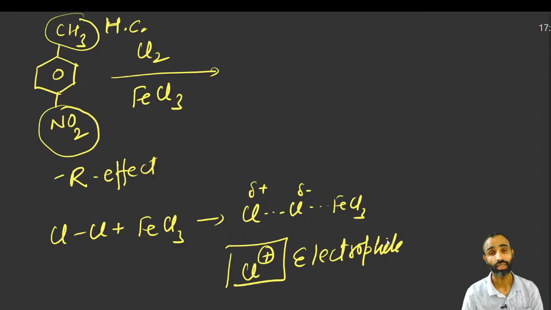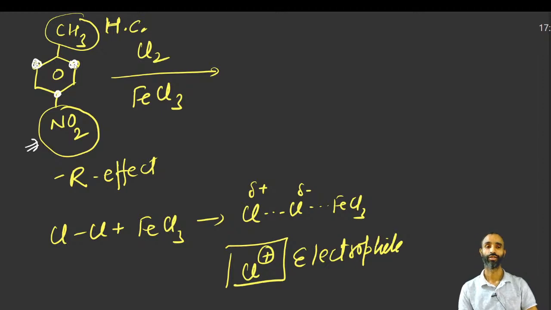Now this CH3 group directs the electrophile to ortho and para position. But the para position is already blocked. Now the nitro group directs the electrophile to meta. So obviously these are the active positions.